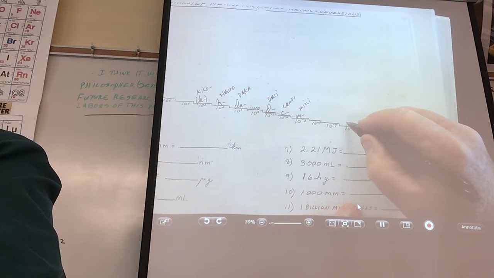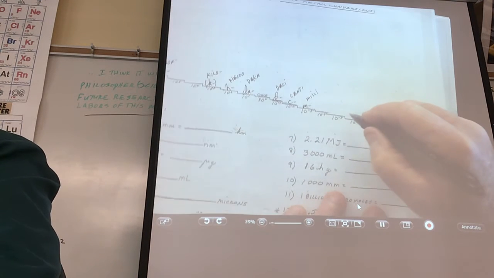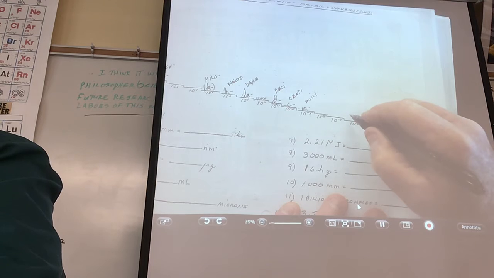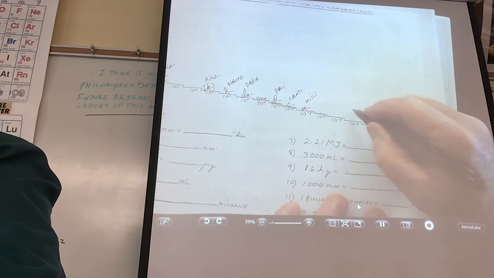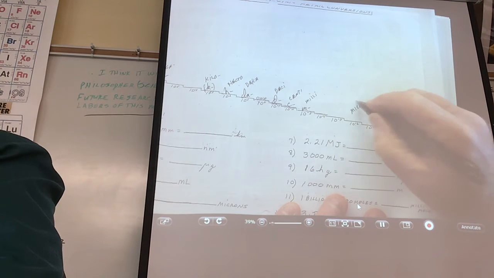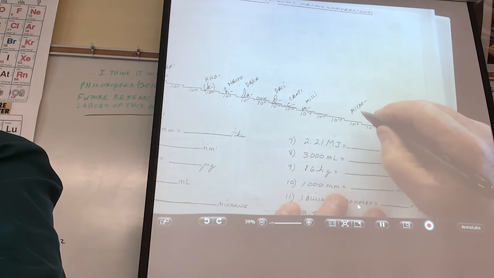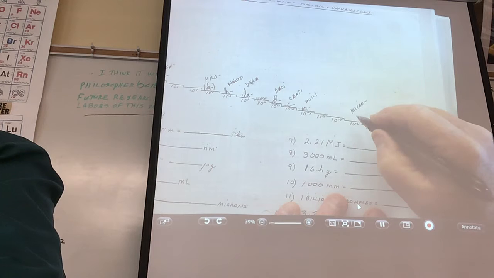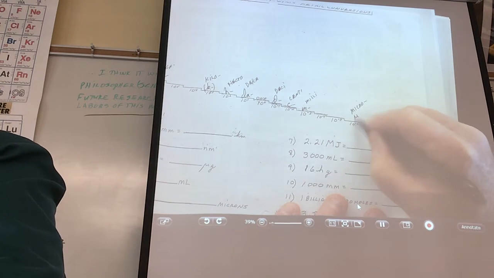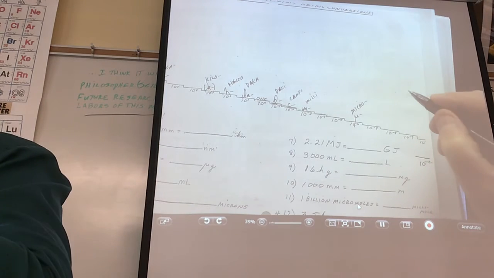What's the abbreviation? It's really small. I'd probably need a microscope to see that. It's micro. And what's the symbol for the prefix micro? You make a U, and it's called mu. It's a Greek letter mu.